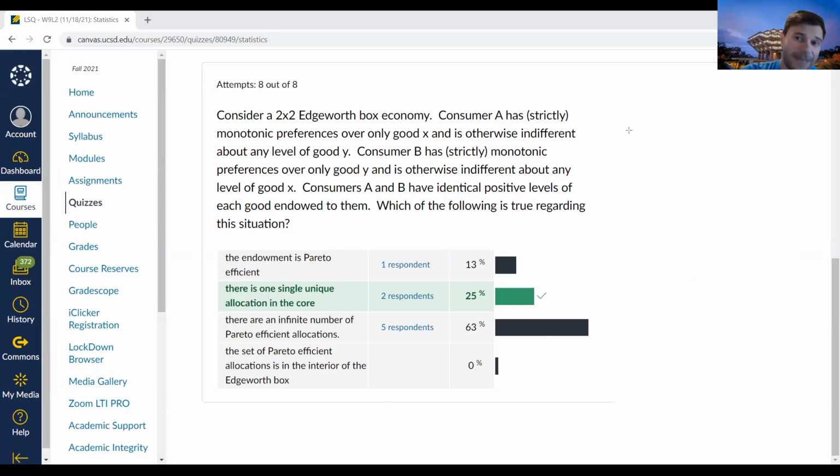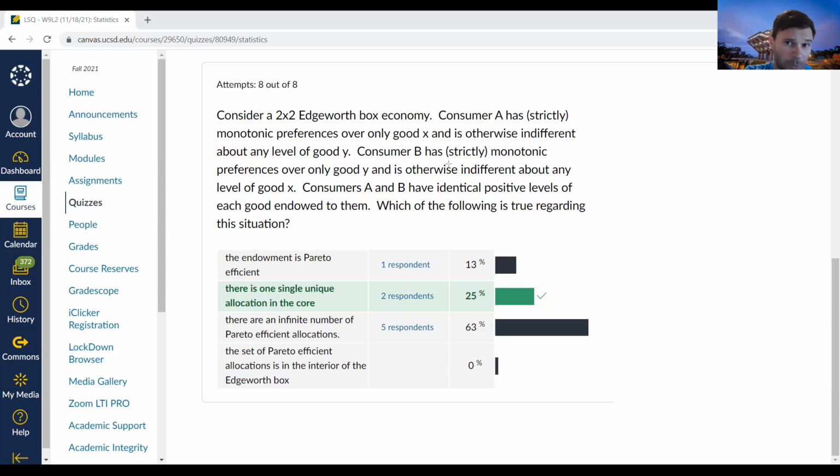Now, if A and B have identical levels of each good endowed to them, what must the shape of the Edgeworth box be? Let's start there before we do anything else. What does it have to look like? Yeah, that's right. It has to be a square, right?